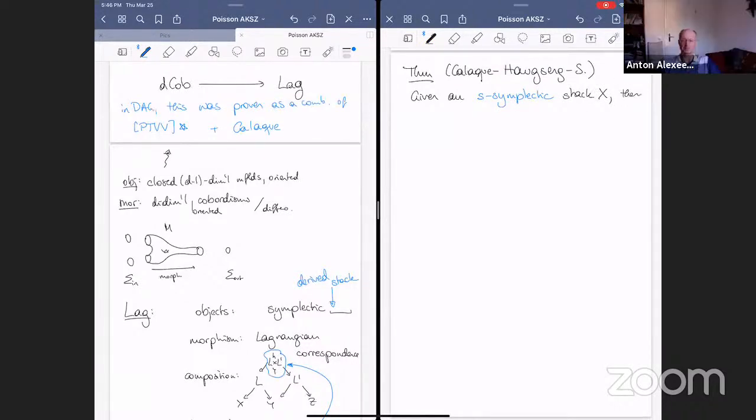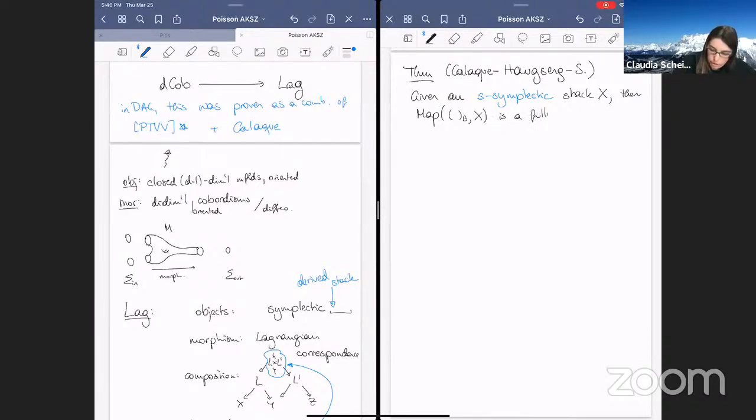X. Then if I take maps from this Betti thing into this fixed X, this is a fully extended d-dimensional oriented topological field theory. Okay, so that's the main result. It's extending this result here to this fully extended version.